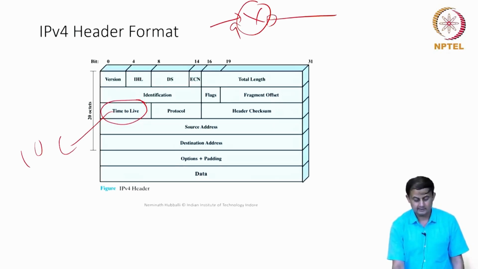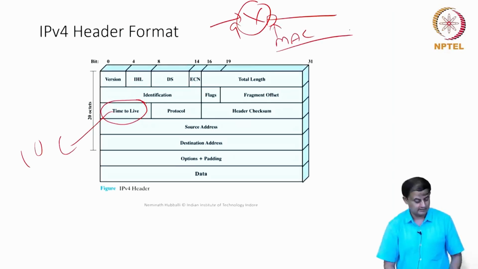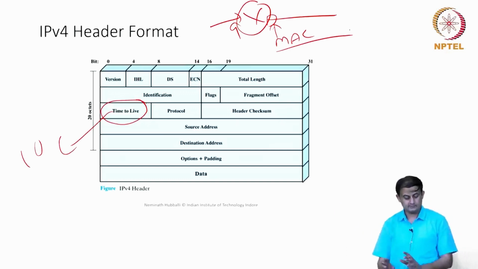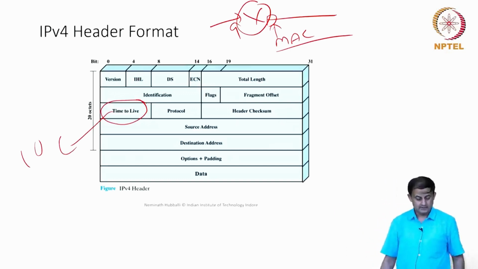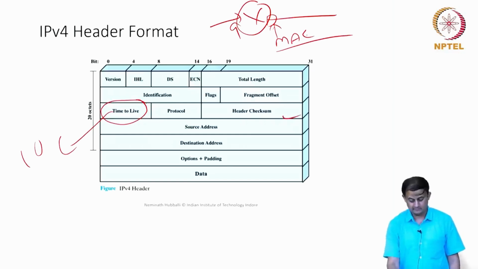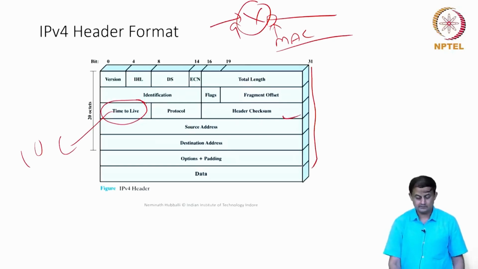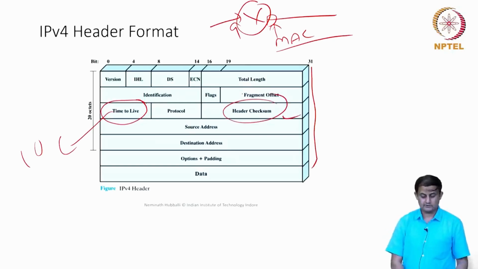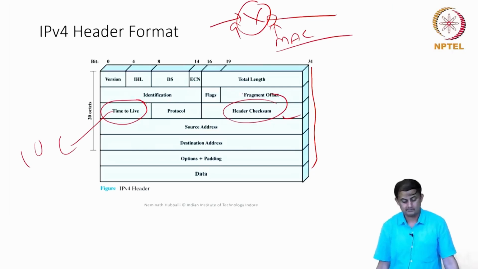Here, at the line card corresponding to this output link, the MAC header or the link layer header corresponding to the next hop is added. And since the TTL value has changed, the header checksum, which is calculated on the entire header, will also change. You need to keep updating that also at every hop.